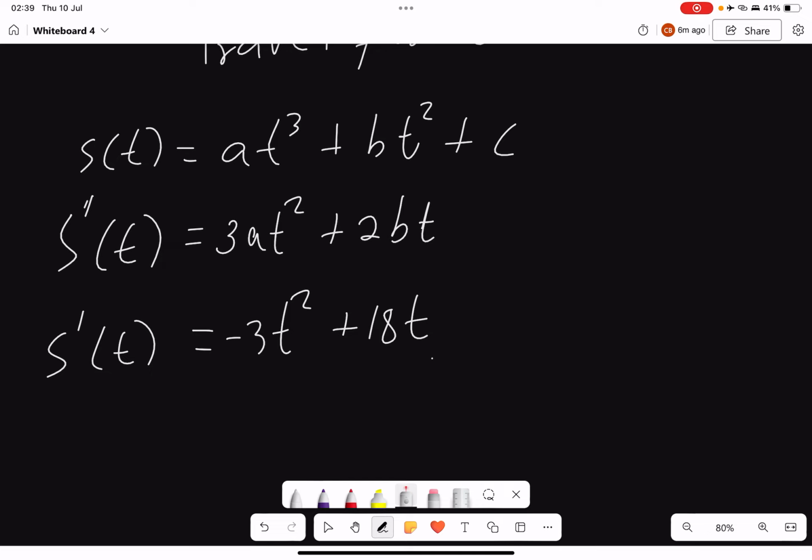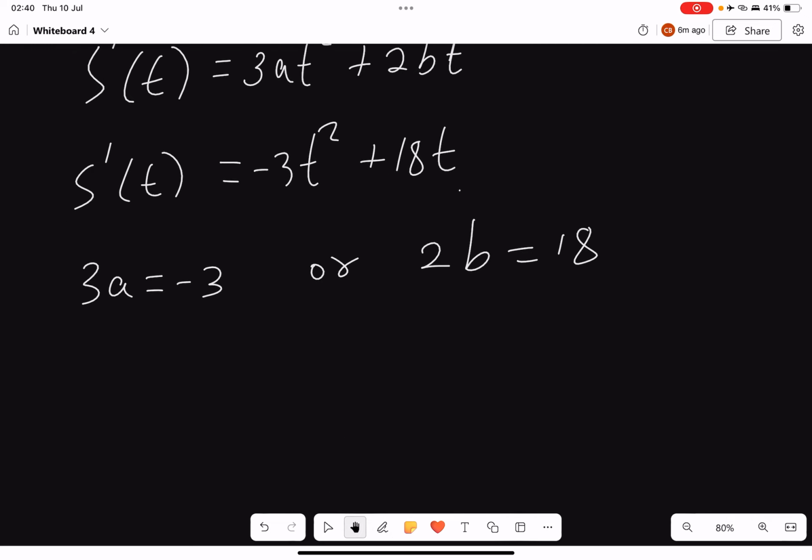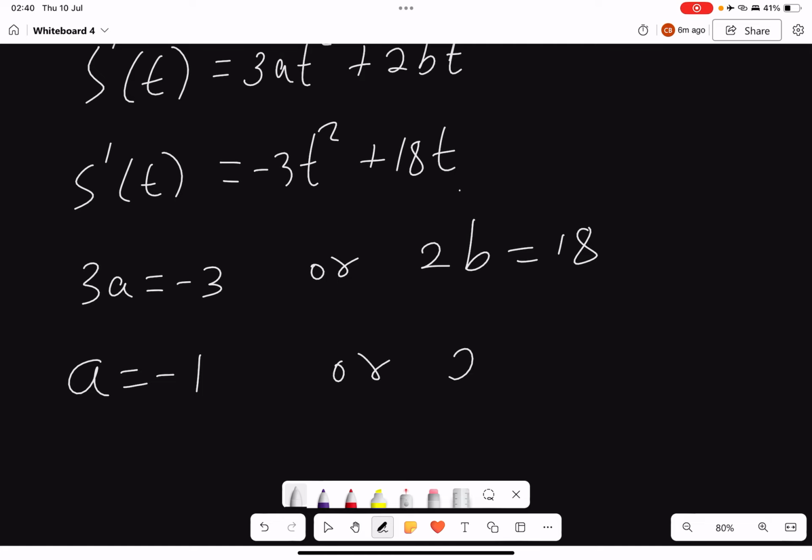Yeah? You can easily see that this guy will go together and those guys will go together. So 3a will be minus 3, or 2b would be 18. And then we can see that a would be minus 1, or b would be 9.